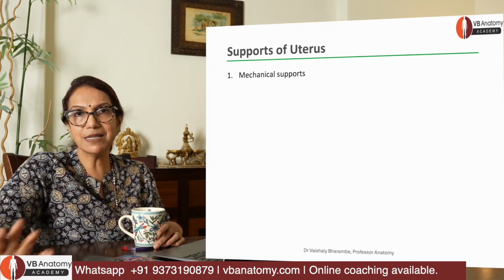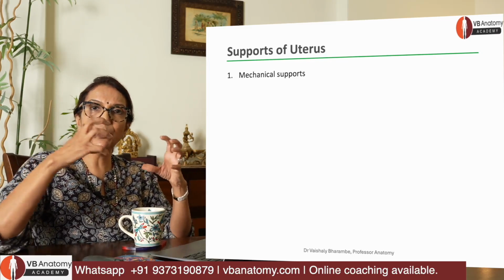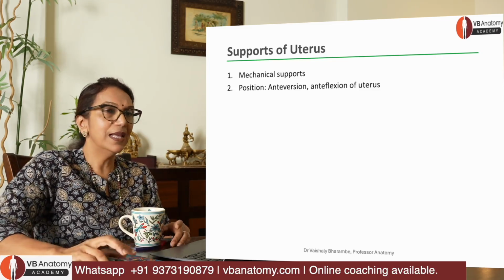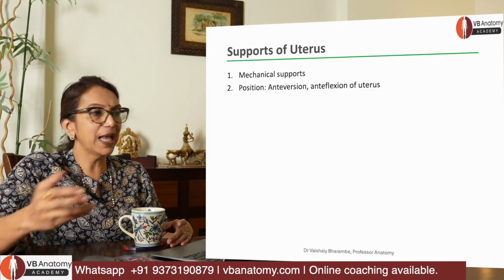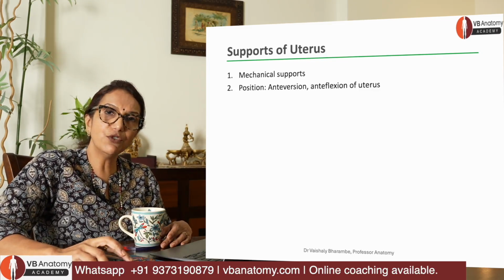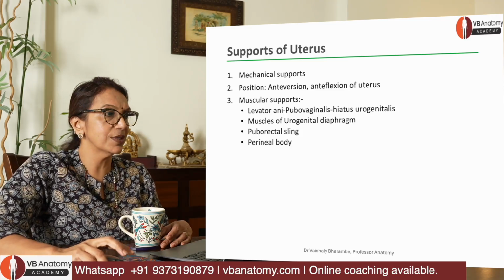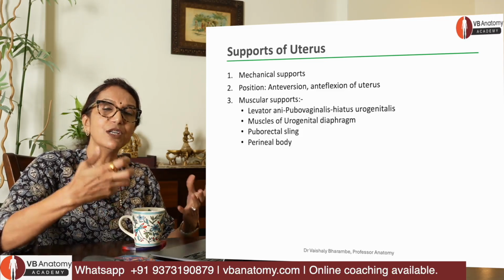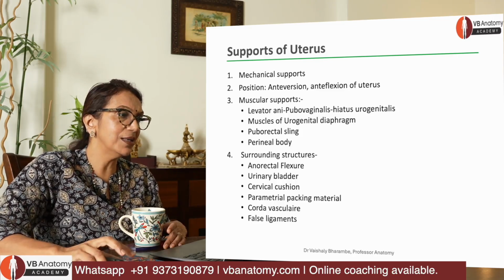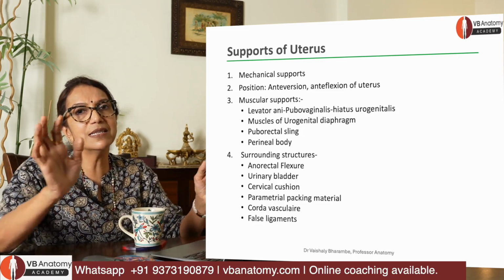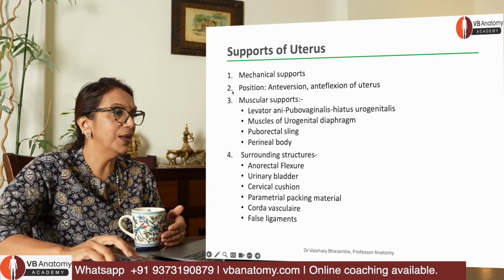I won't be discussing everything again, just helping you to put it together. There are some structures which will act as mechanical supports, some which will act as positional supports, some which will be muscular supports, and some others which will just be surrounding there, staying there to support.